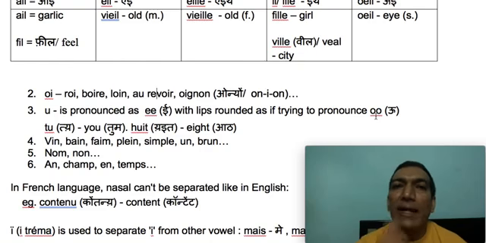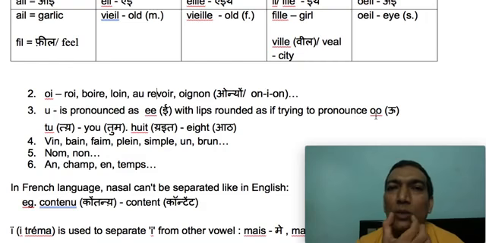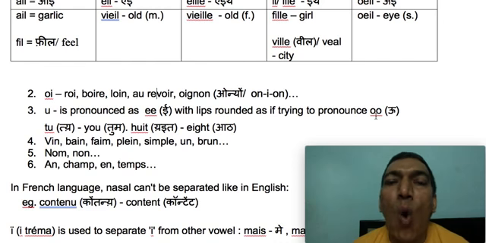You see, my lips are rounded like oo, as if I want to pronounce it oo, but I will pronounce e. It is a bit complicated to start with, but once you learn it, that will be okay. So you pronounce e, but with the lips like oo. Okay. So just try to listen to me. U, u. Okay.